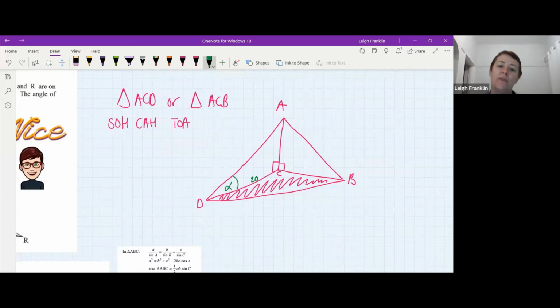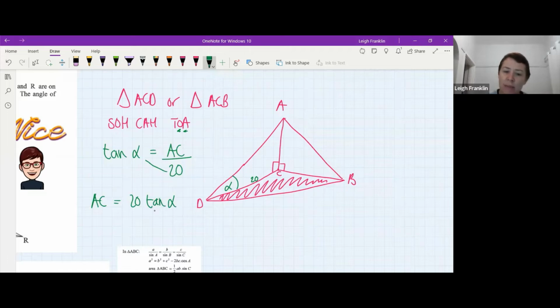I also have the side that is adjacent to alpha. So opposite and adjacent means I have to use the tan of the angle. So tan of the angle is side AC opposite side DC, which is 20. Do you see what I mean about your basic trig ratios? And then if you needed to make AC the subject of the formula, you would cross multiply. So AC would be equal to 20 tan alpha. Does that make sense to everybody?